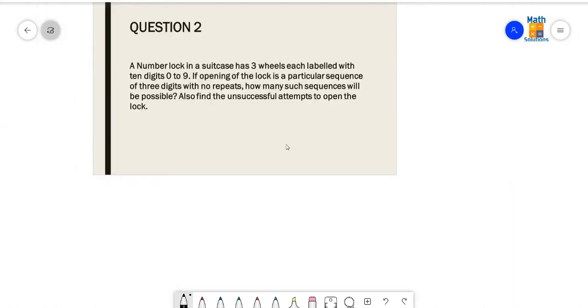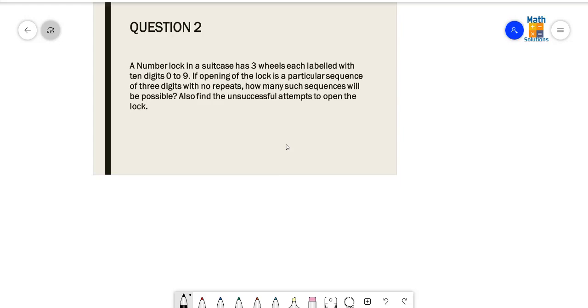What is said here? A number lock in a suitcase has 3 wheels, each labeled with 10 digits 0 to 9. That means the digits involved here will be from 0 to 9. So in total how many digits? Of course 10 digits.